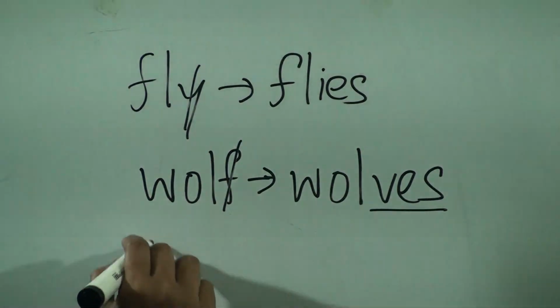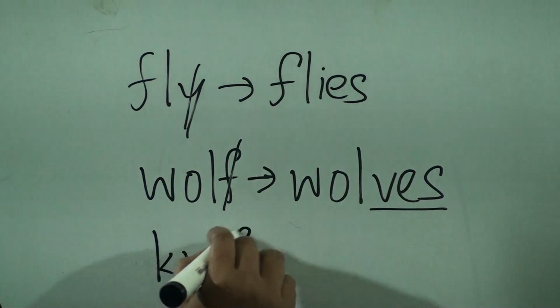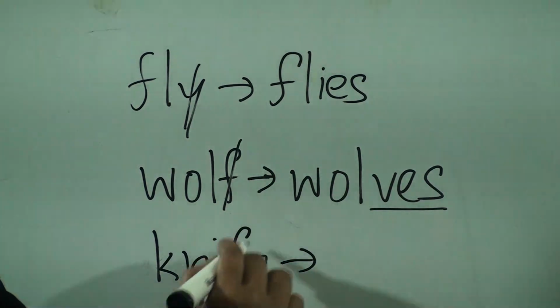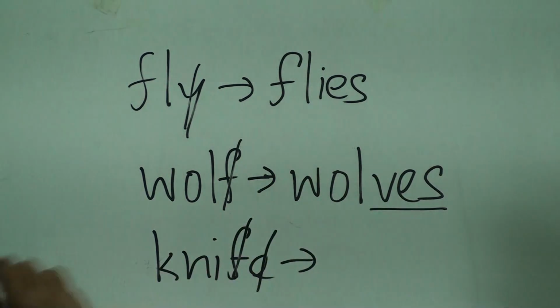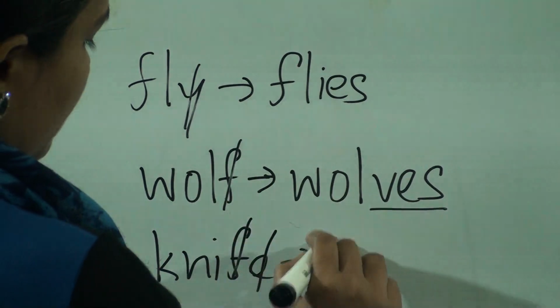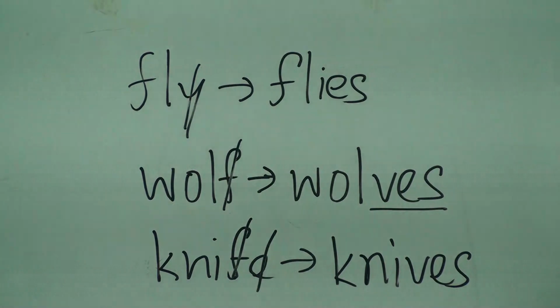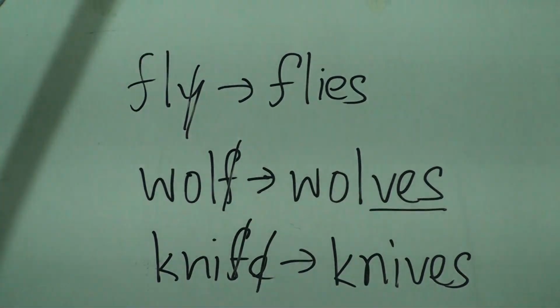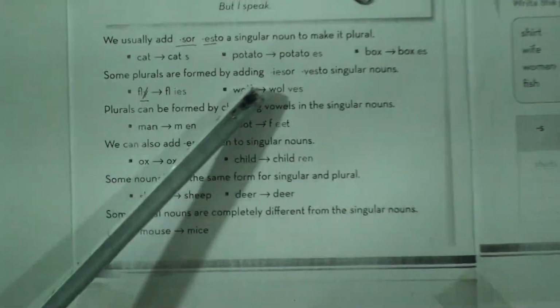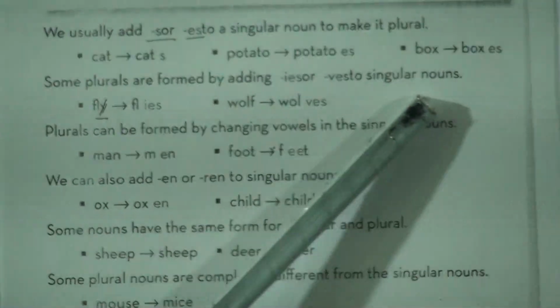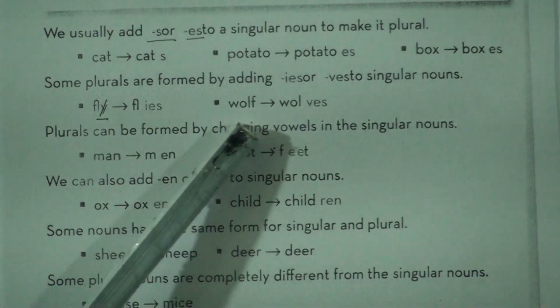If the word ends with fe, just like the same one, you will drop f and e and then add ves: knives. So wolf, wolves, knife, knives. Some plurals can be formed by adding ies or ves to singular nouns. So fly, flies, wolf, wolves.